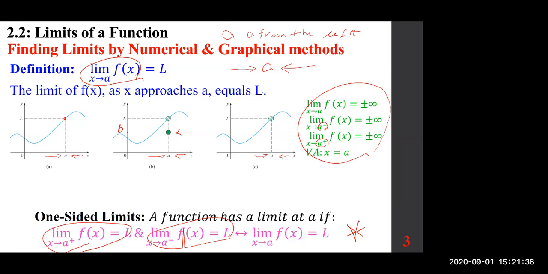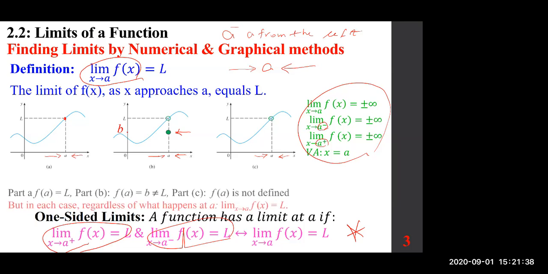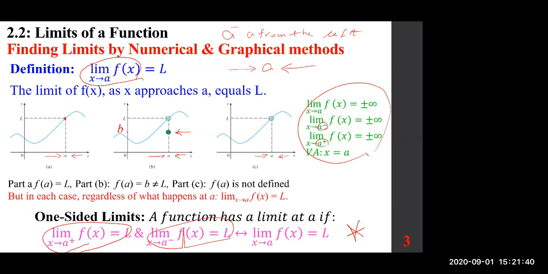So take a look at this. Part A, f of a equals L. Part B, f of a is something else, like B. Part C, f of a, we have no idea. It's not given to us. It's not defined. However, in all cases, the limit of f of x as x approaches a is L.